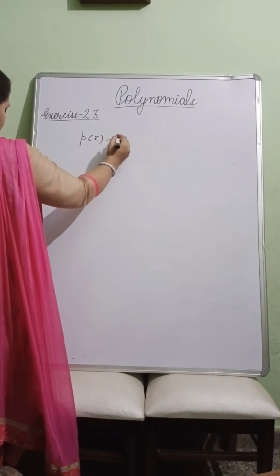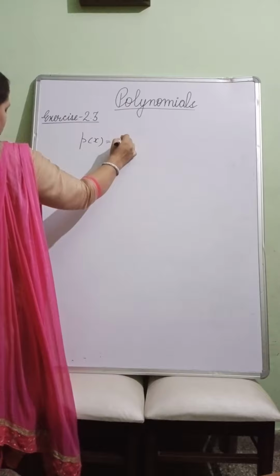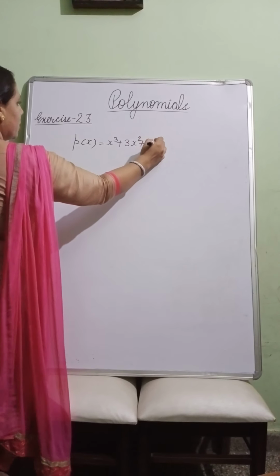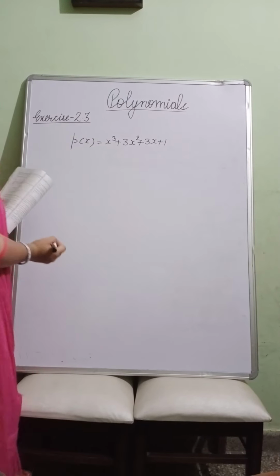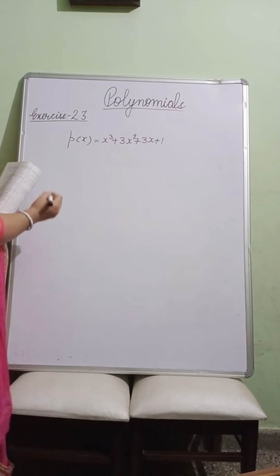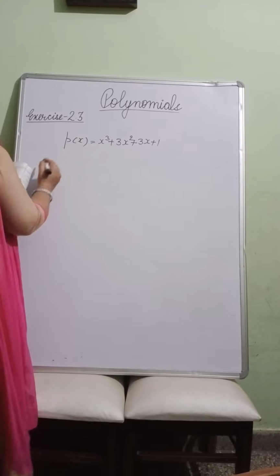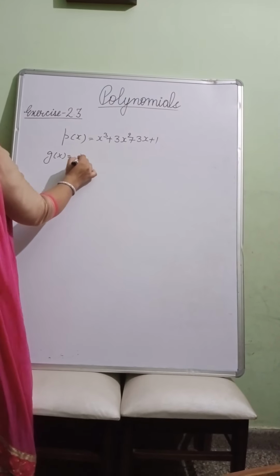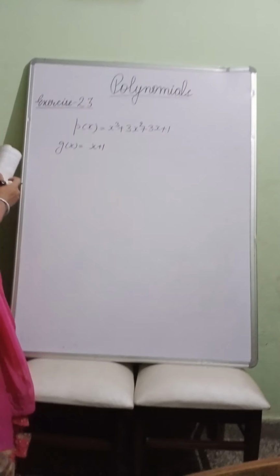So our given polynomial is x cube plus 3x square plus 3x plus 1. And now we have to divide this by g(x), that is equal to x plus 1.